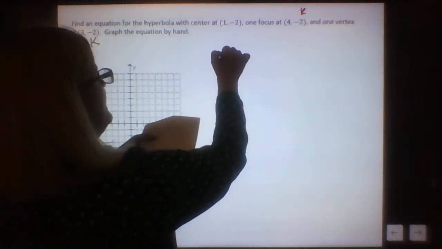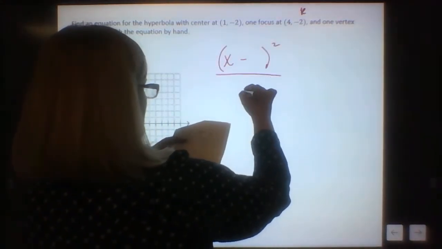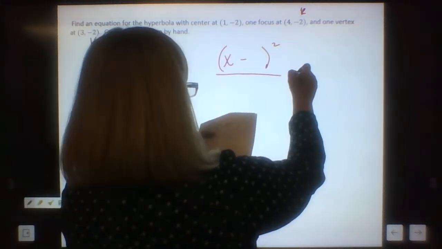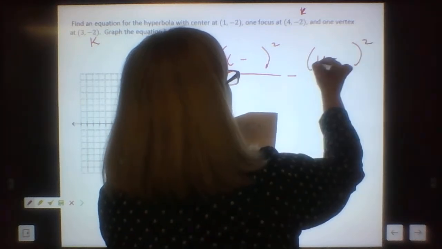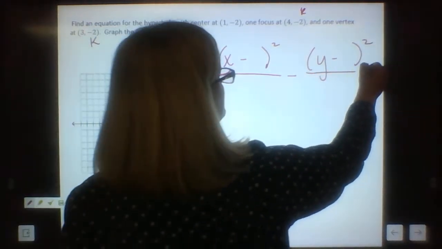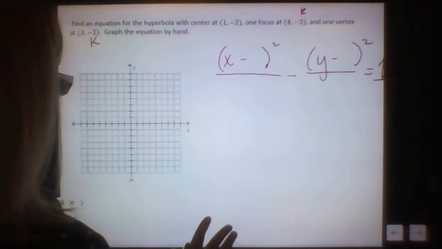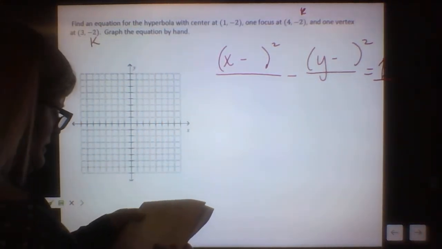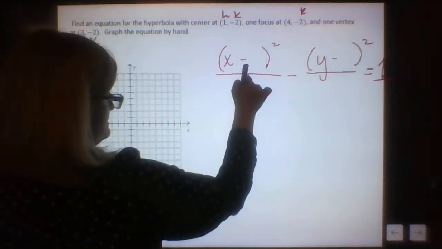So we're going to have x minus something squared over a squared minus y minus something squared over b squared, equal to 1. Now, the center is your h and k. So this is h, this is k.